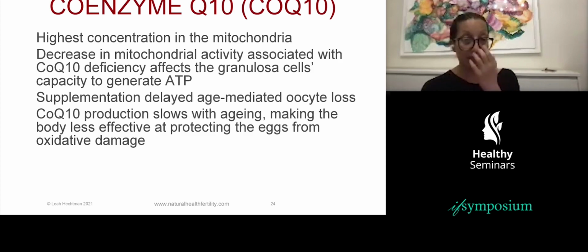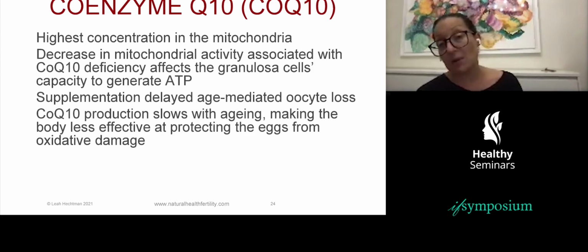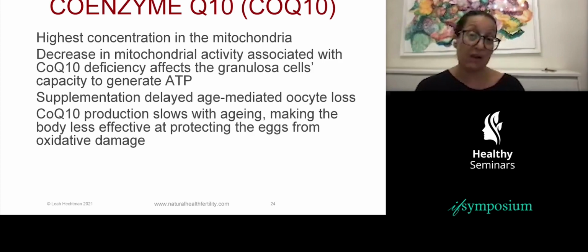And so that will definitely affect the granulosa cell's capacity to generate ATP. And so you'll often just find that that embryo just loses the ability to actually keep going. And so it's a common cause of chemical miscarriage. It's a common cause of early miscarriage, miscarriage at 5 weeks or even 6 weeks. But supplementation will delay the age-mediated ovarian or oocyte loss.